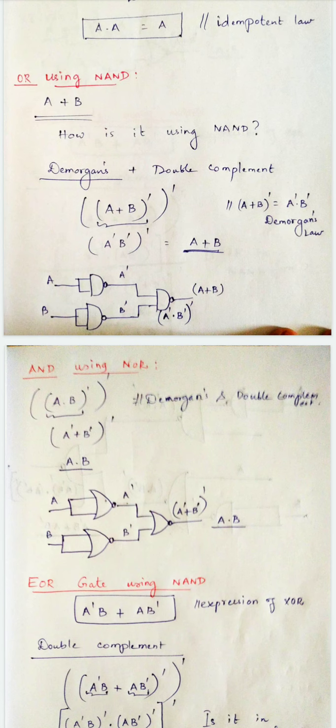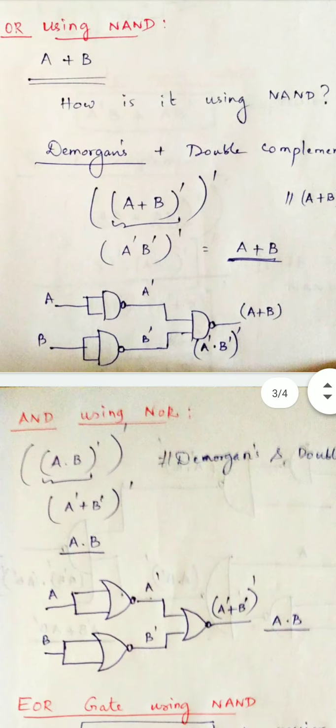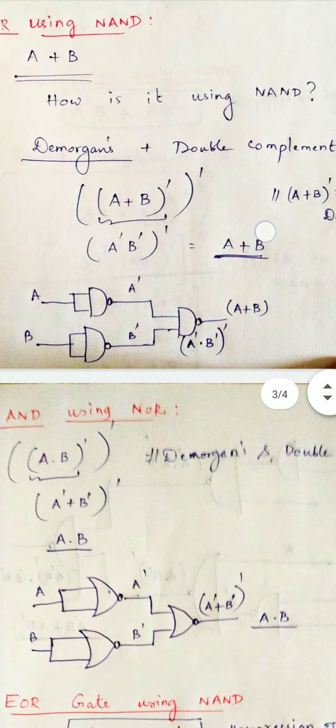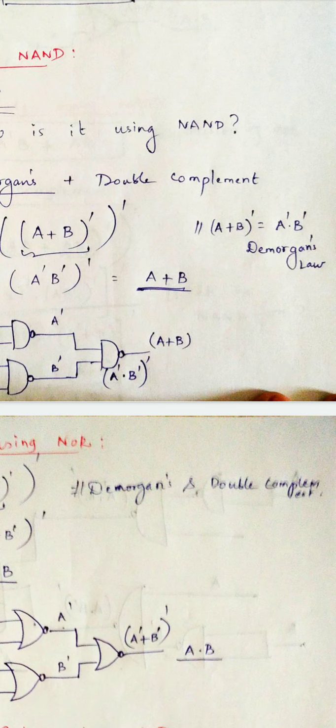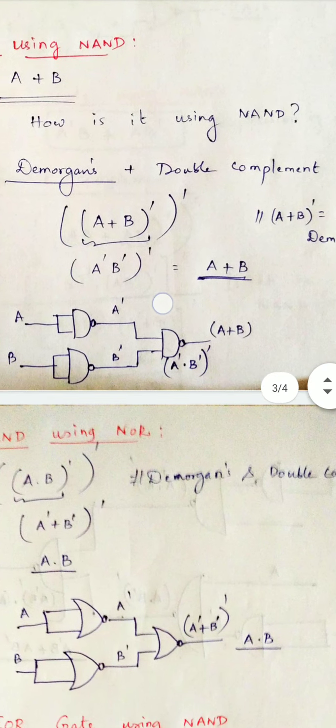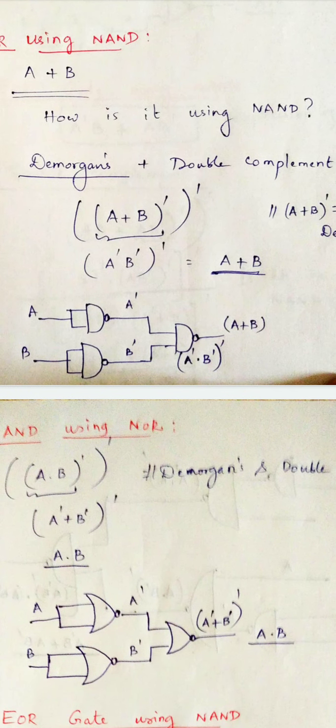Now see here, A plus B the whole dash, again one more dash, so double complement is applied. When you apply the first complement, as per De Morgan's theorem, A plus B the whole dash is equal to A dash, and this plus will be changed to multiplication, B dash. So now see here, A dash into B dash the whole dash.